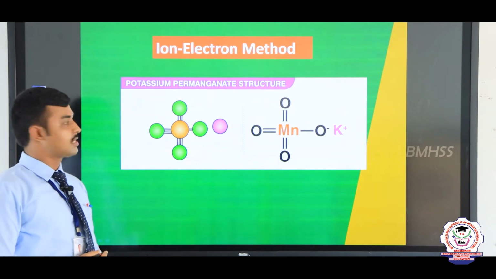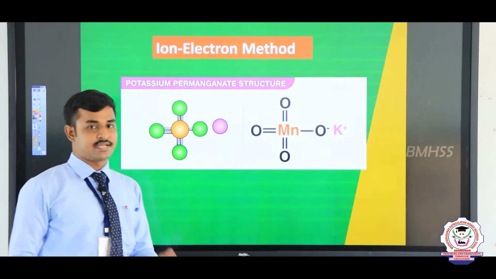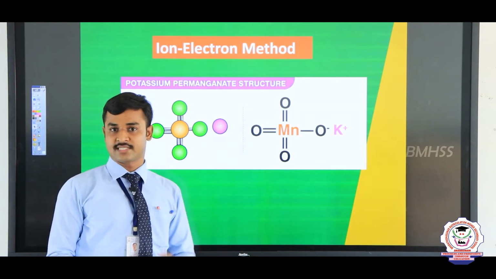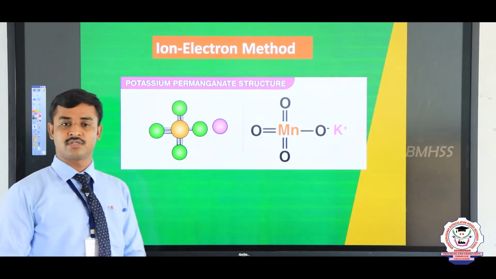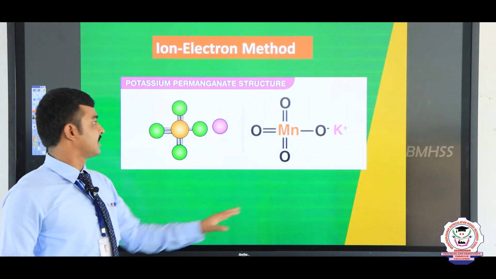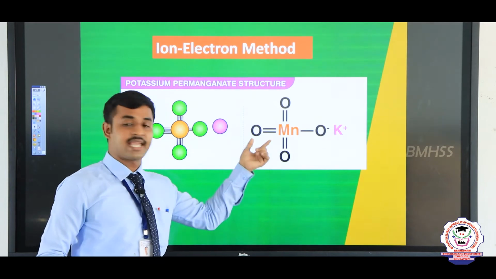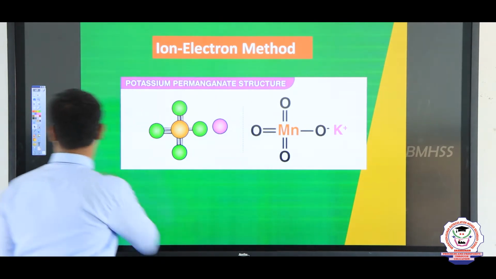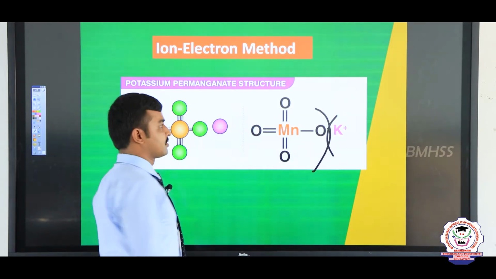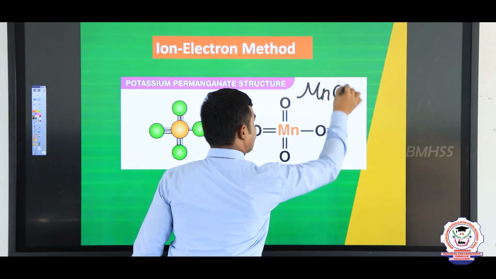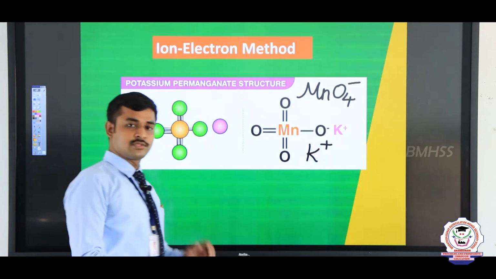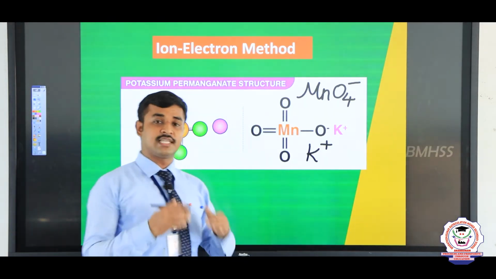For the ion electron method, we will take the same reaction we already know. It contains KMnO4, FeSO4 (ferrous sulfate) and sulfuric acid H2SO4. Three reactants combine together to form the products. The KMnO4 molecule contains K+ and MnO4- ions. We can write it as MnO4- and K+. Students, only manganese changes its oxidation state.